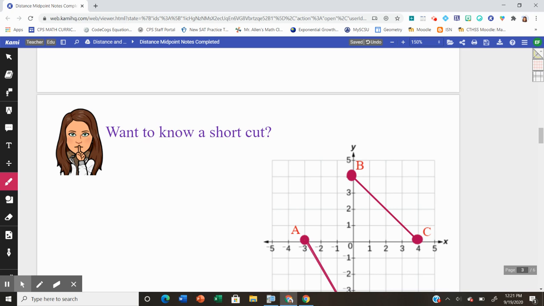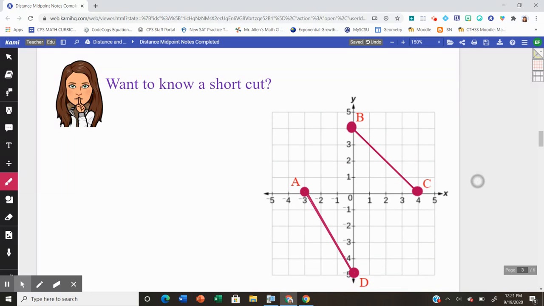So let's say now, I just switched up some of our segments. So let's say that we wanted to find the length of BC. Well, in our distance formula, it told us that we had to find the difference in the x values and then the difference in the y values. So if we find the difference in the x values, so x goes this way, right?